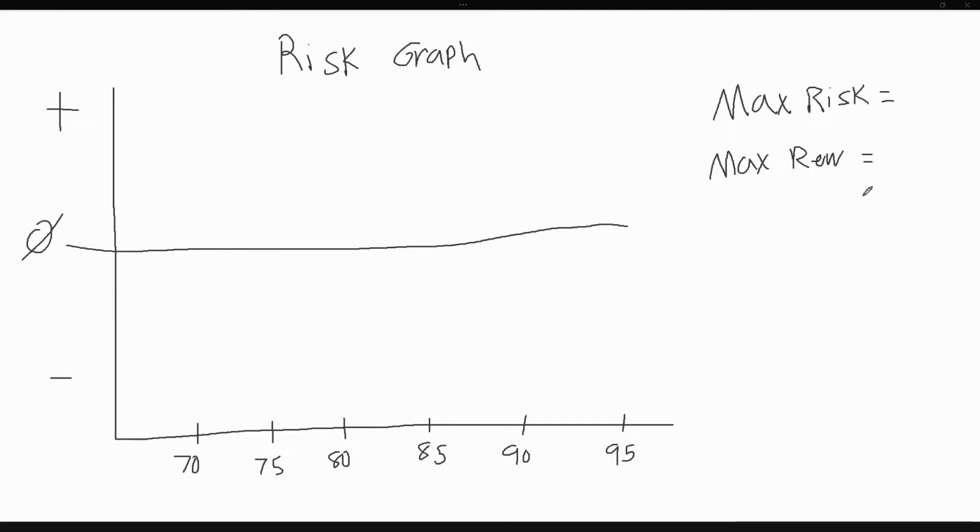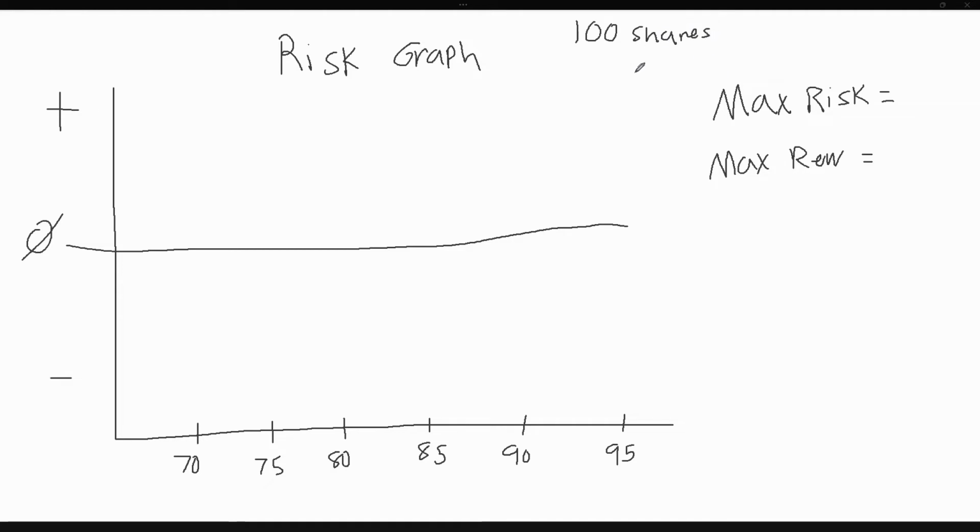So if we start very simply and say, what would trading stock look like? What would a risk graph look like? The risk graph will be dictated by how many shares you buy and at what price. So let's take a standard: most people think 100 shares, one round lot of a stock.